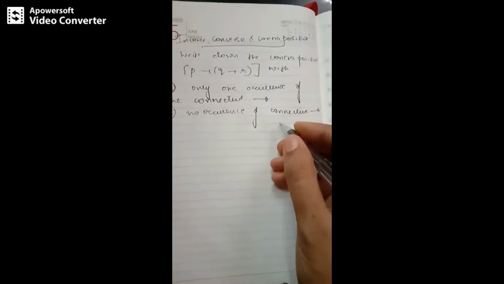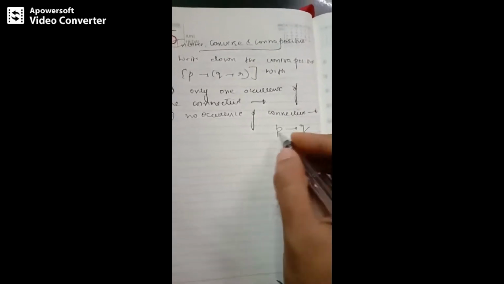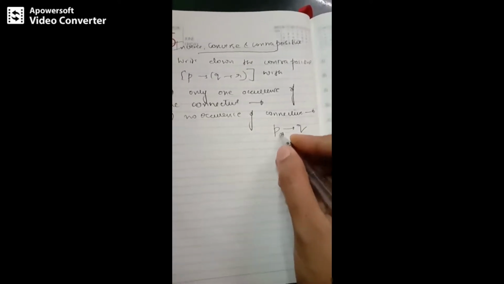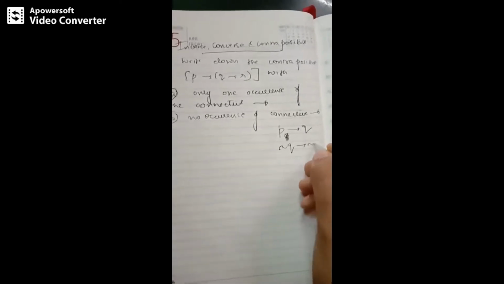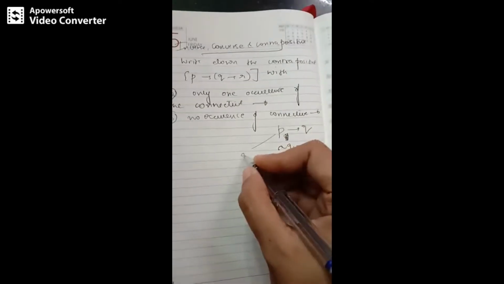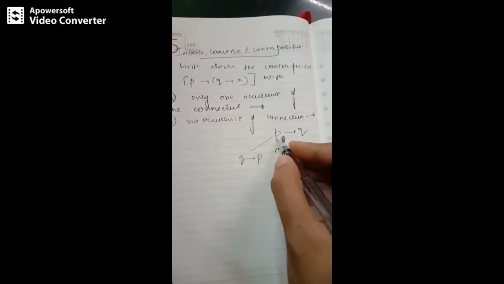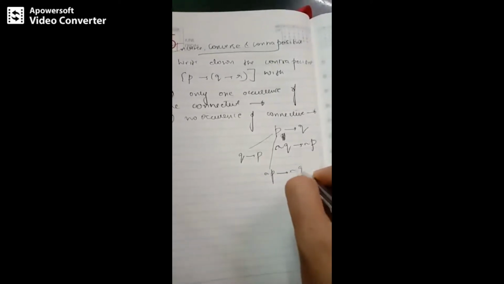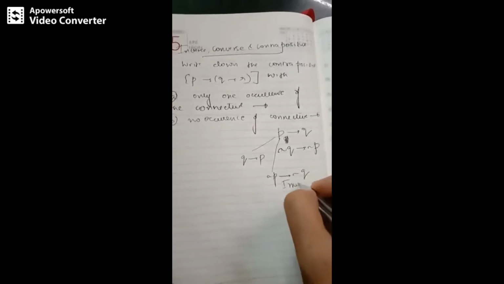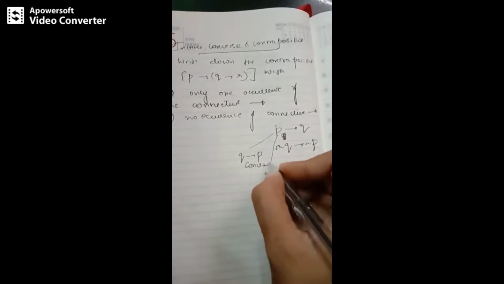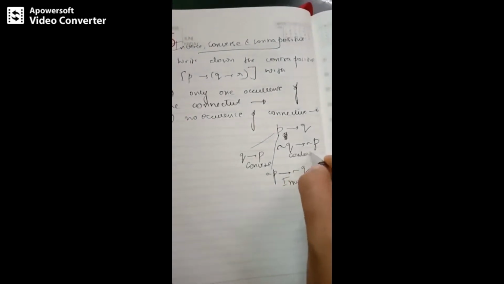Let's say we have a conditional P implies Q. The contrapositive of this conditional P implies Q is negation Q implies negation P. The converse of P implies Q is Q implies P, whereas the inverse of P implies Q is negation P implies negation Q.